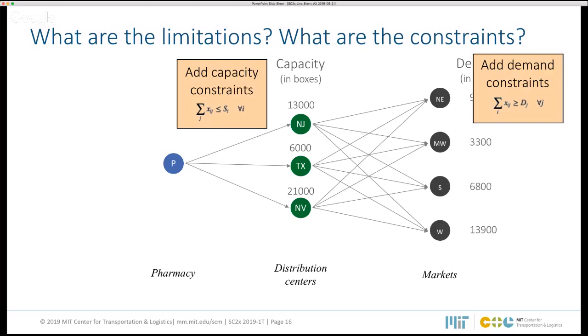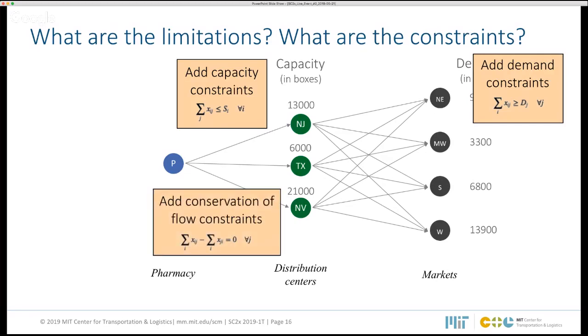Okay, so what else? We also need to add conservation of flow constraints. You might remember that the distribution centers are acting as transshipment points. So basically, this means that all the flow that is coming into the facility should leave the facility. And we can see here, for example, in New Jersey, that we have some goods that are coming from the pharmacy, and those goods should leave the facility as well.